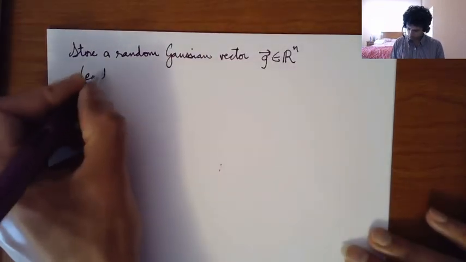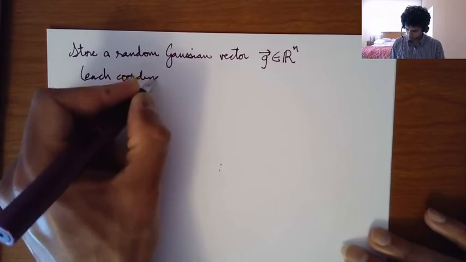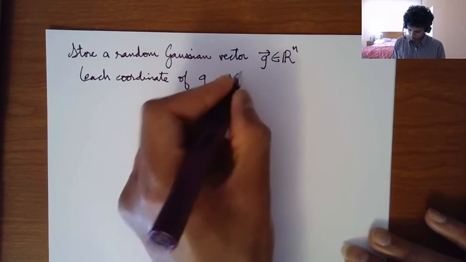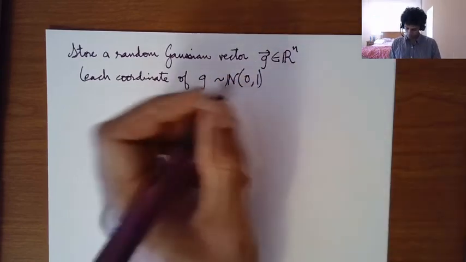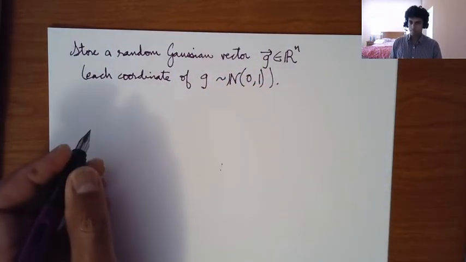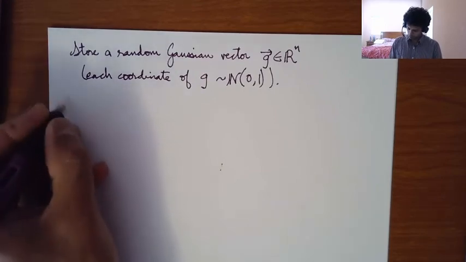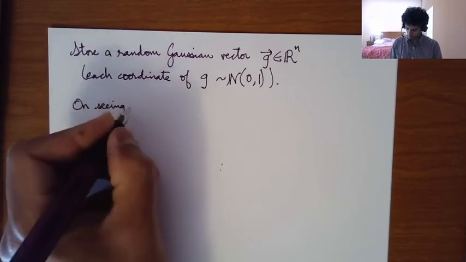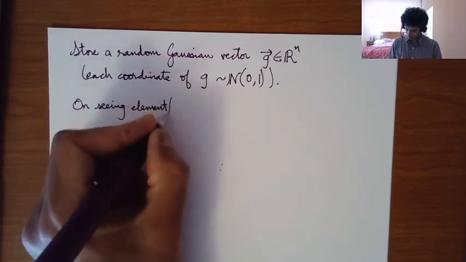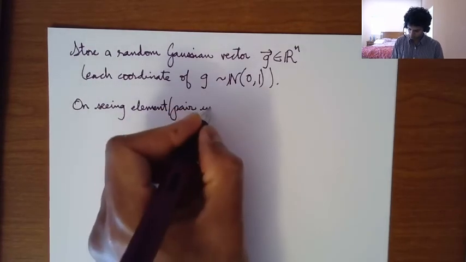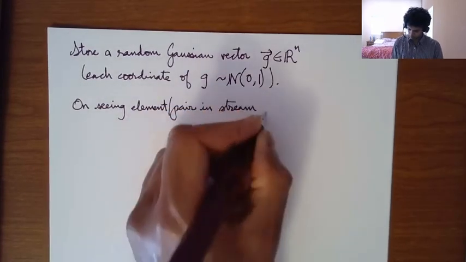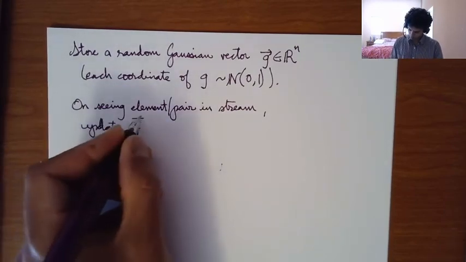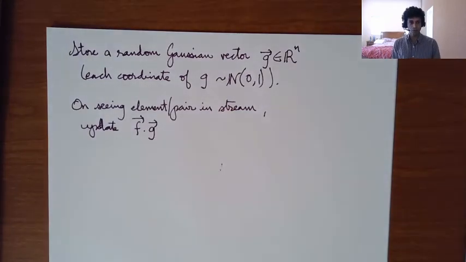So each coordinate of G is drawn from a normal, and the update, on seeing an element or pair in the stream, is to just update the dot product F dot G.